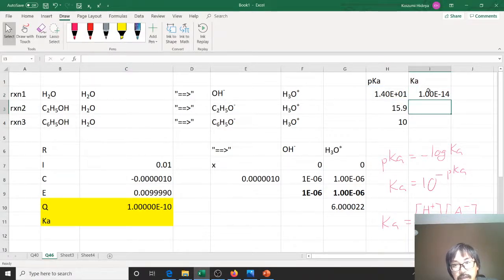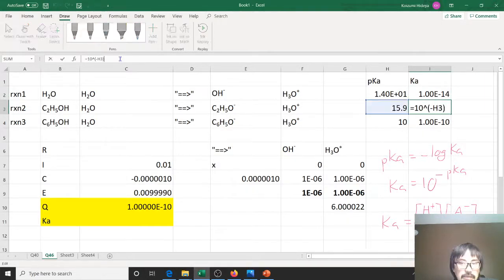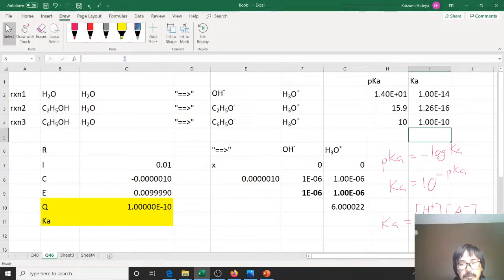And then I do the same stuff for these. So that one right there is 10 to the power of minus H3, the same stuff, 10 to the power of minus H4, right? So I got these.